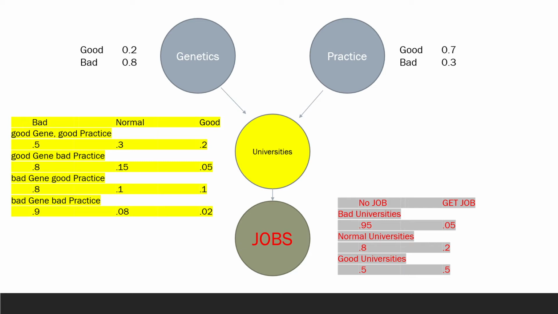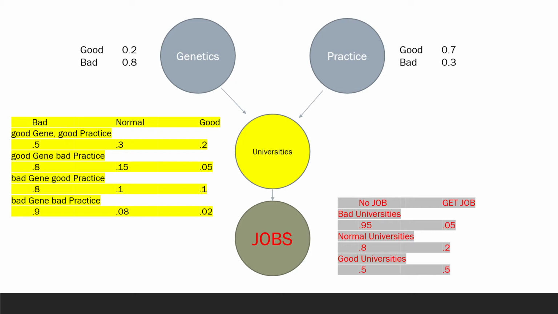We have good gene, good practice; good gene, bad practice; bad gene, good practice; and bad gene, bad practice. Its index and its columns are assigned by percentages, that is, by probability.